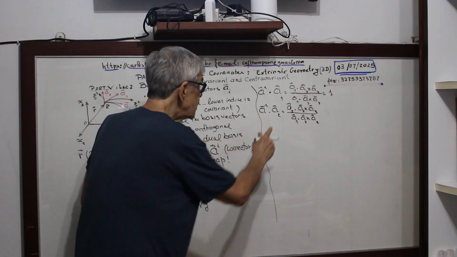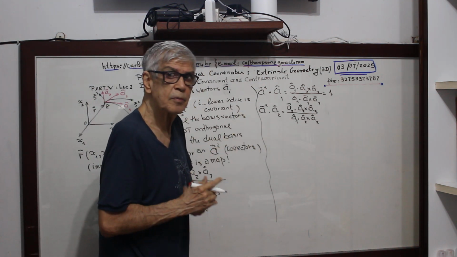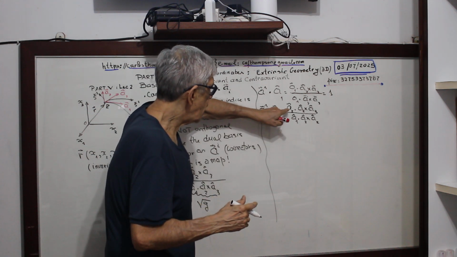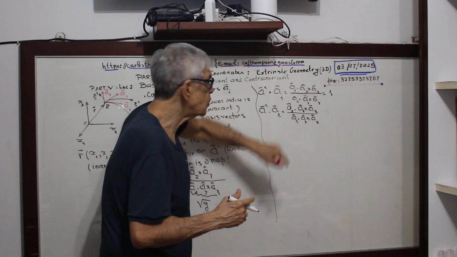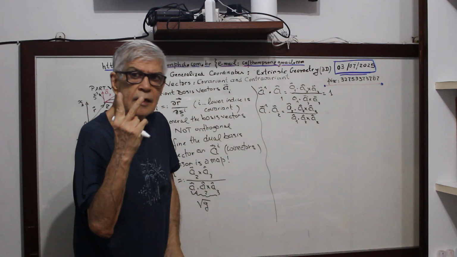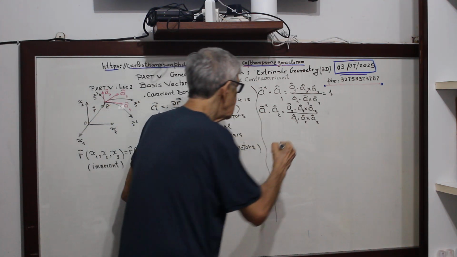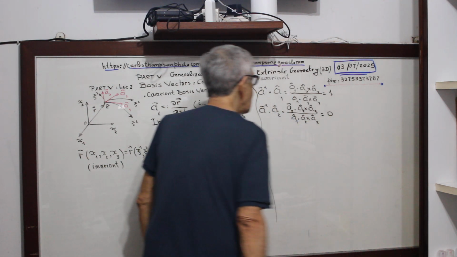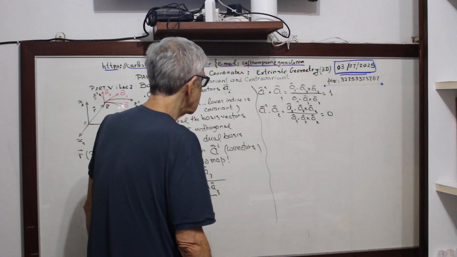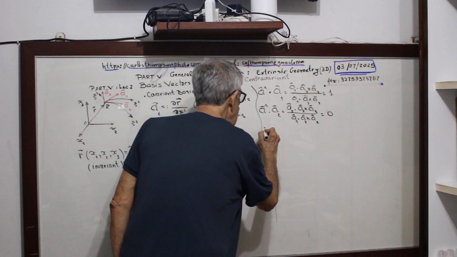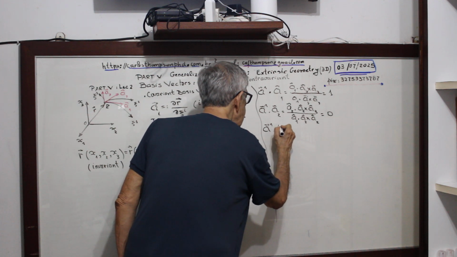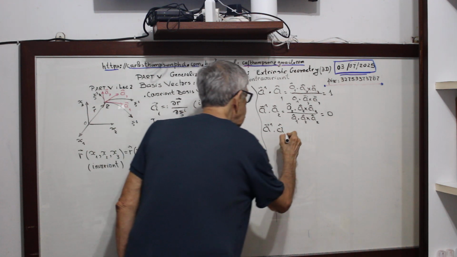Now, you see, from the mixed product, fixed in this there, this is a determinant which has two identical rows. So this will be 0. Oh, fantastic. Now, A1 dot A3.